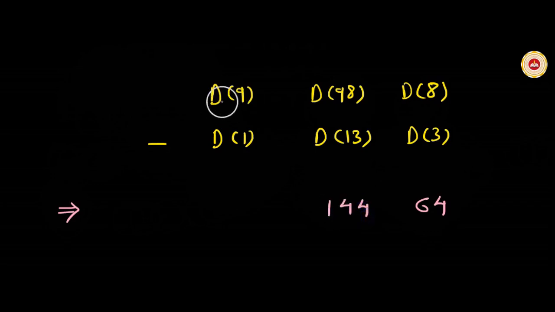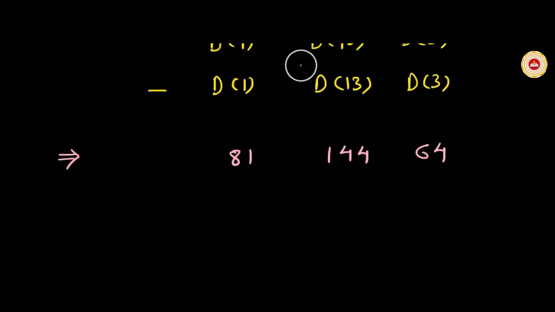Duplex of 9, single digit, that means square of that digit, 81. Now let us calculate the duplex of this subtrahend. Duplex of 3, 9. Duplex of 13, 2 times 1 multiplied by 3, that means 6. Duplex of 1, 1 only. 1 squared is 1. These are the subtrahend digits.